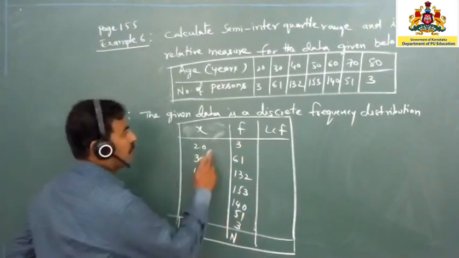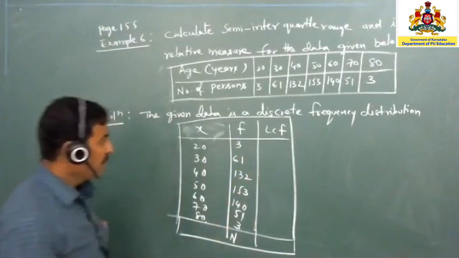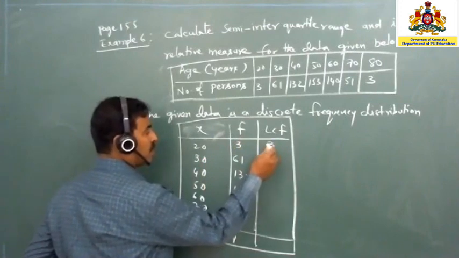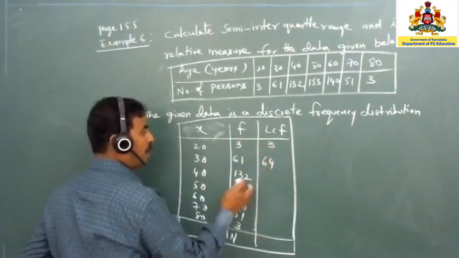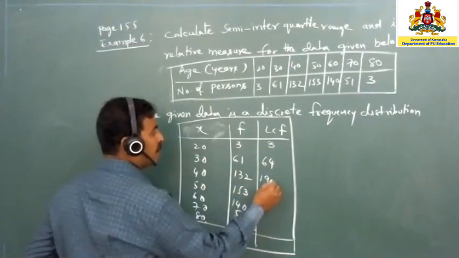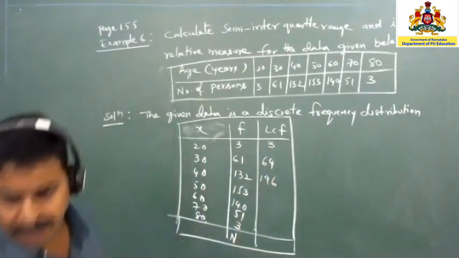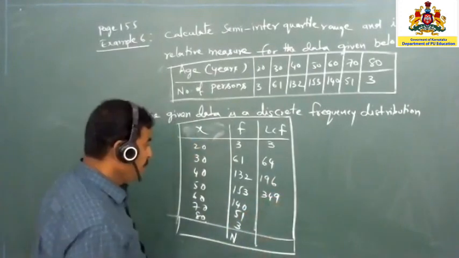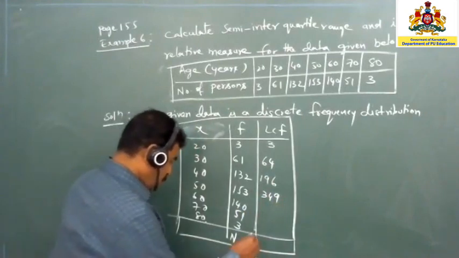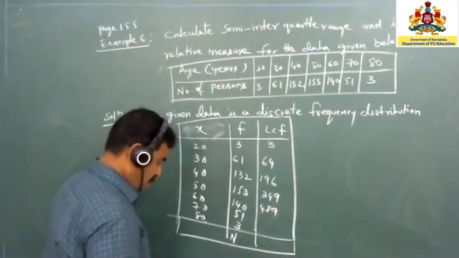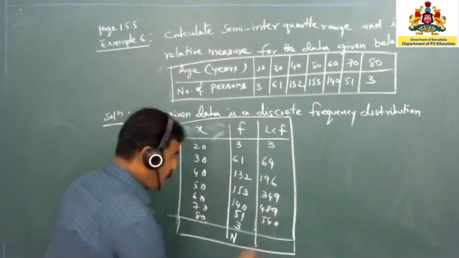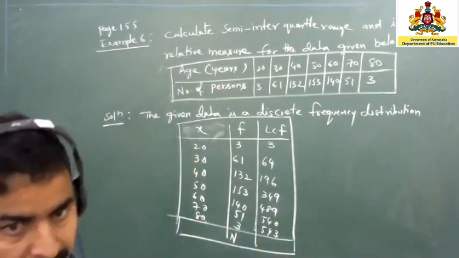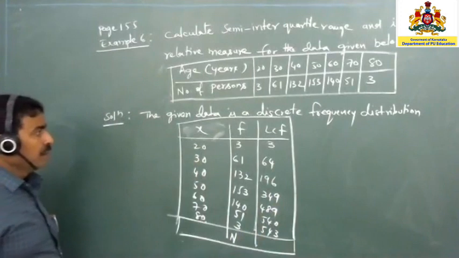Cumulative frequencies: you know how to find them. First frequency as it is, 3, plus 61 is 64, then 196, 349, 489, 540, 543. So n is 543.